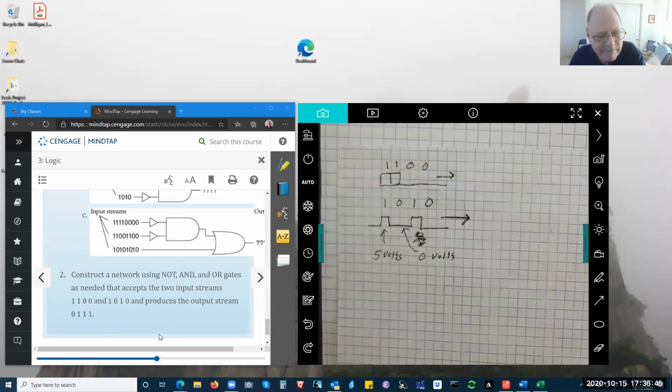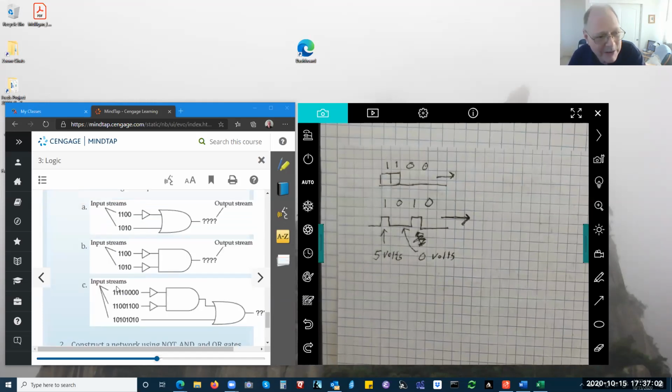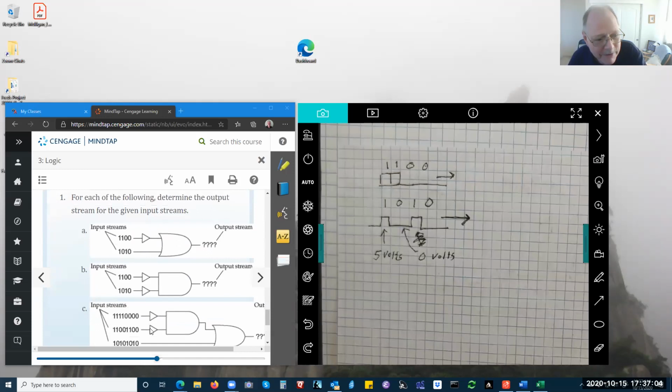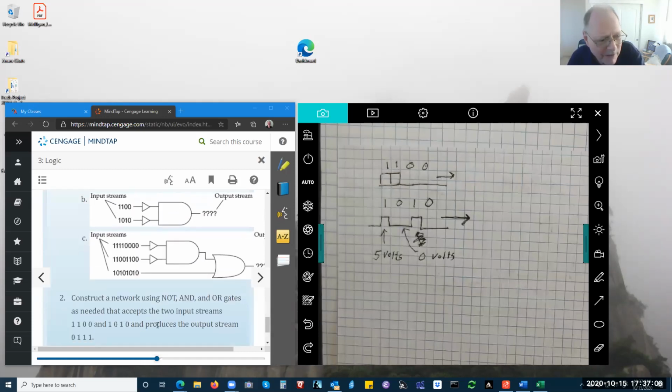It might help if you made a truth table, or not. You can kind of go bit by bit and figure it out. It's hard. Okay. So there's just the 2 questions. Question 1 is much easier than question 2.